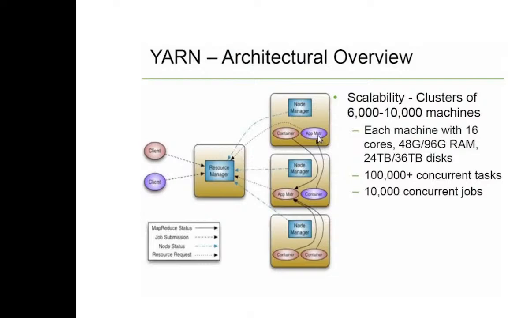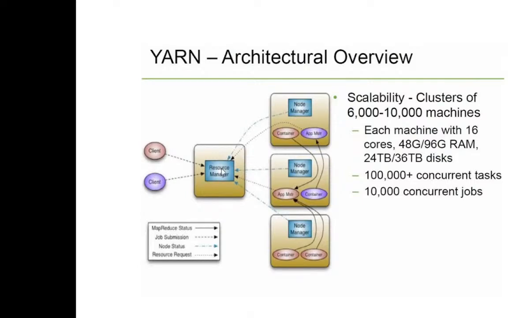These application masters are responsible for handling their own job. This application master will not bother about the application run over here. It will only deal with its own task. And how will it deal? Let's say for running this job it needs some resources, right? So it will ask, okay, I need this much of resources.